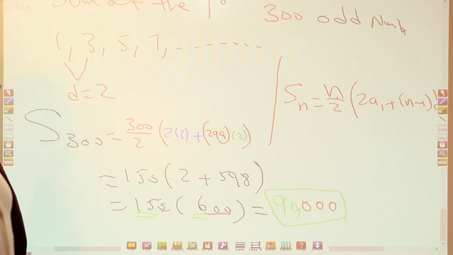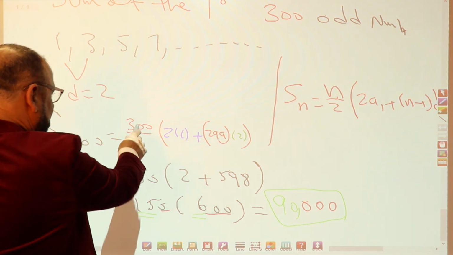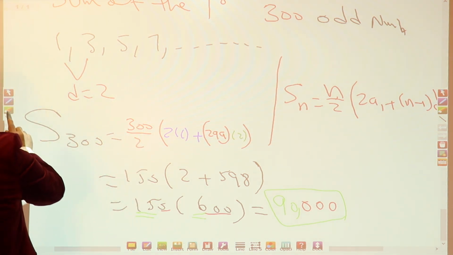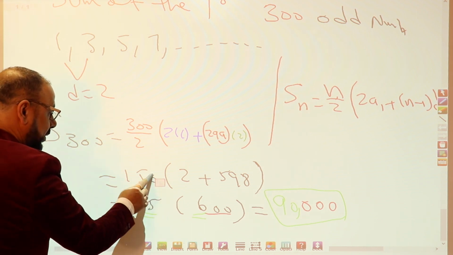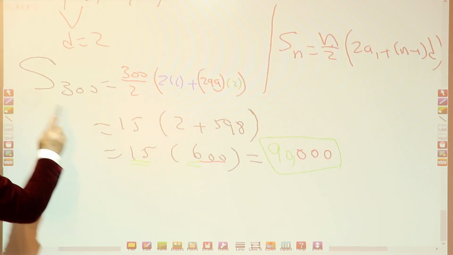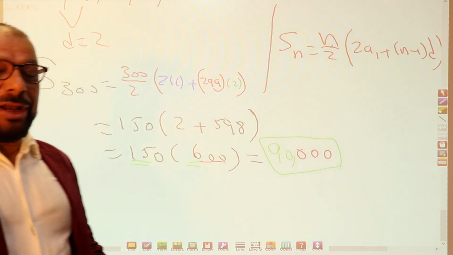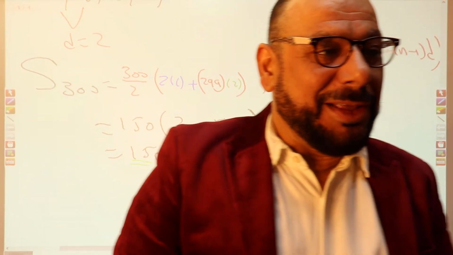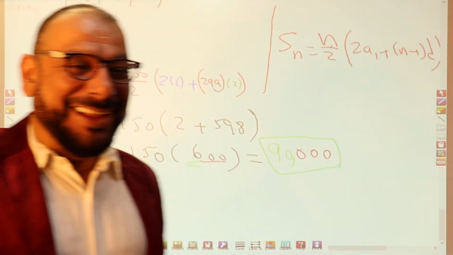I bet you go to your calculator. 300 divided by 2 is 150. Spend some time and see if that's right. You're right, I checked it.